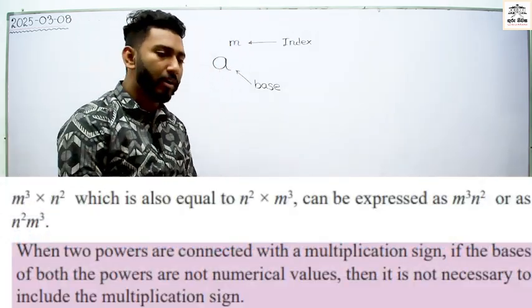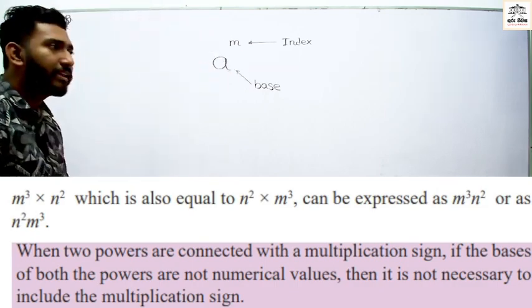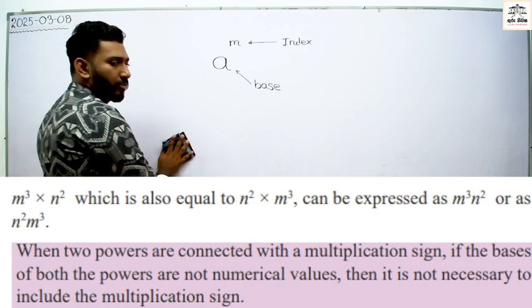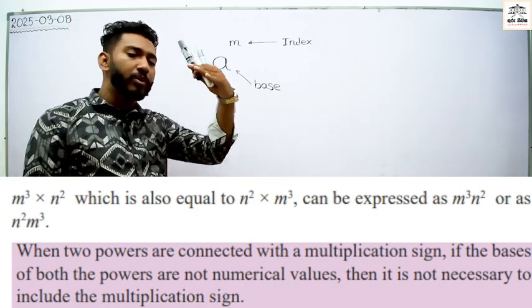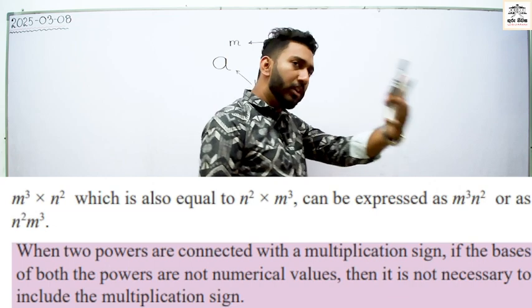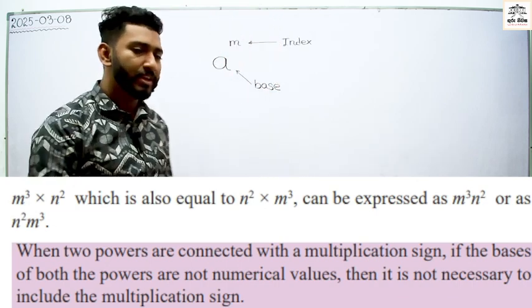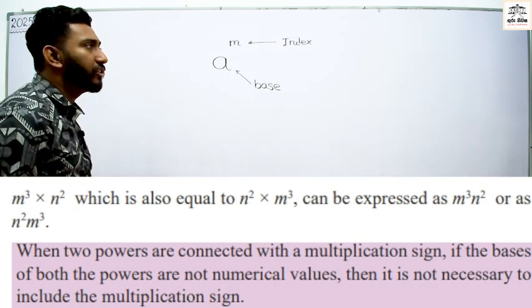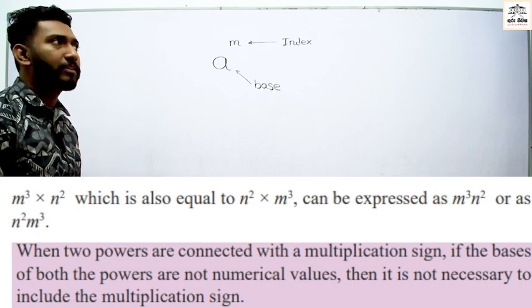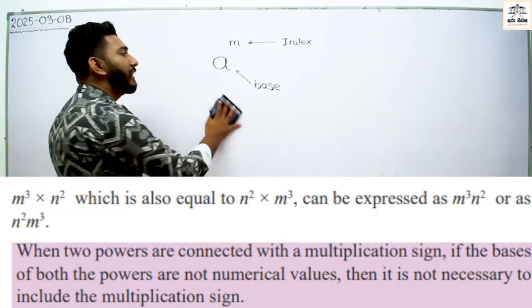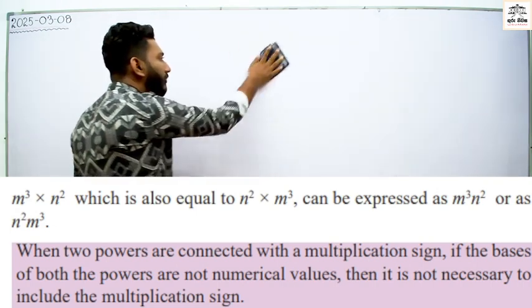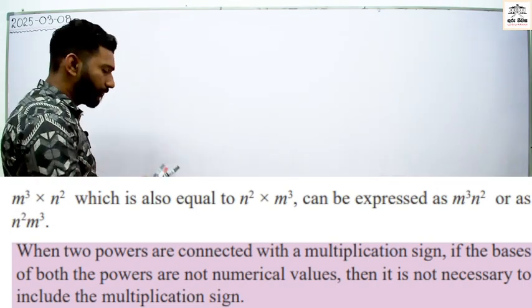Now look at the screen. M to the power of n multiplied by n to the power of 2 is also equal to n to the power of 2 multiplied by m to the power of n.